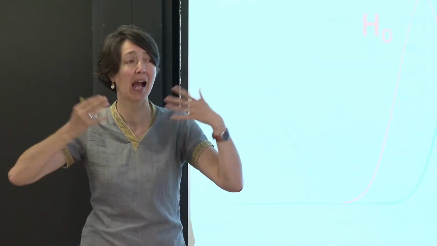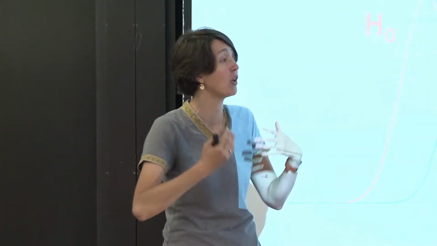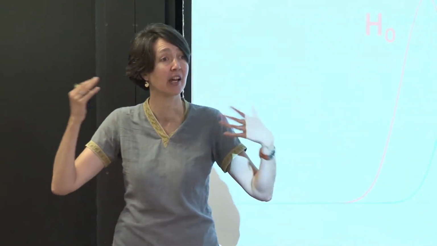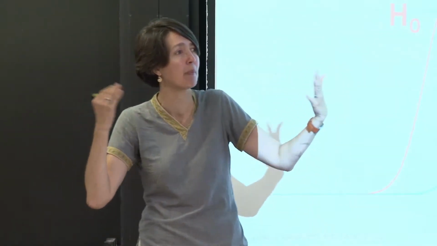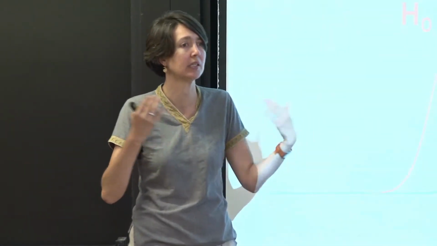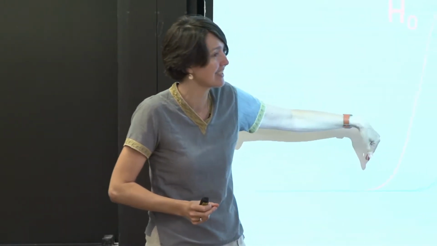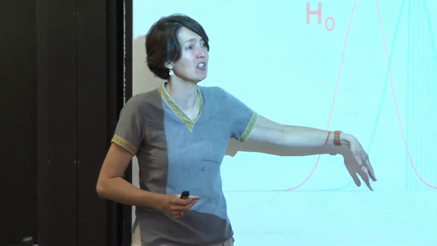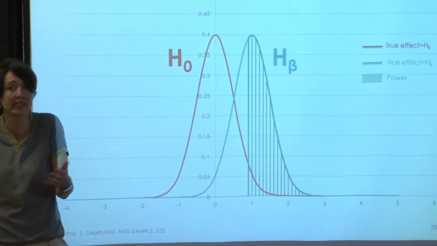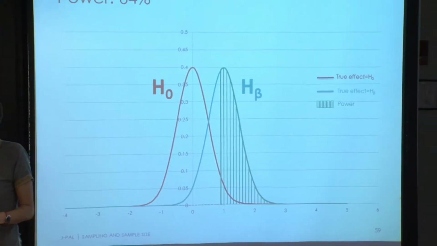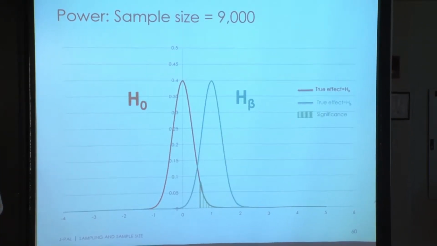Well, when you have bigger and bigger sample sizes, you're less likely to have that kind of weird variation where you happen to get all the kids who are good at learning in one class versus another. So the bigger the sample size, the less our estimates change with each time that we run it. We're much more likely to get the same estimate each time we run it, and so our curves get narrower.